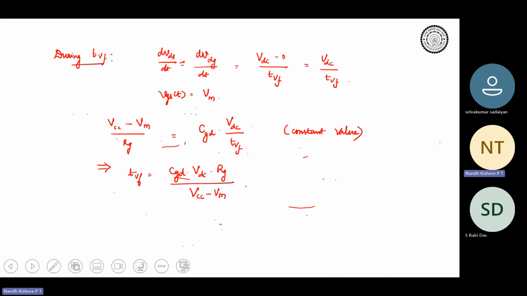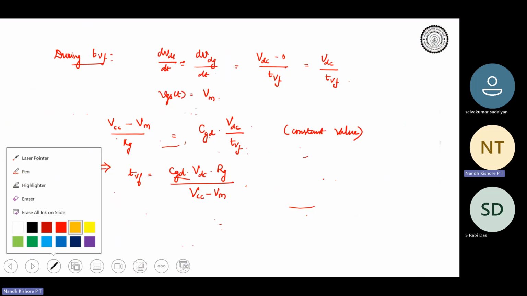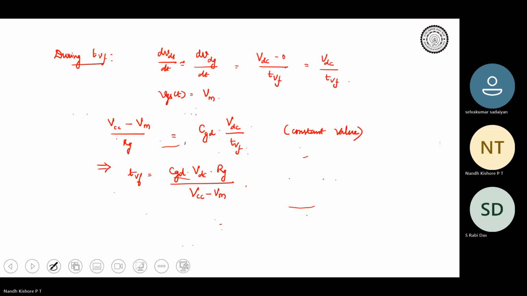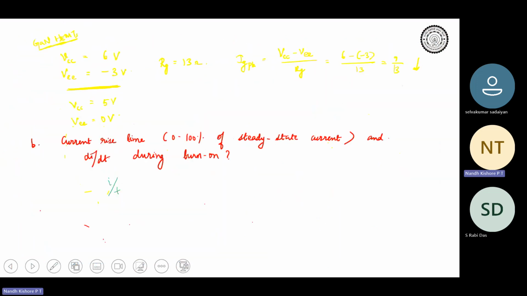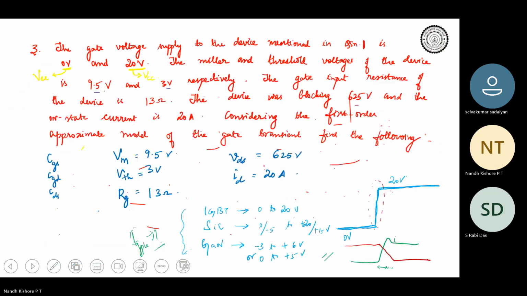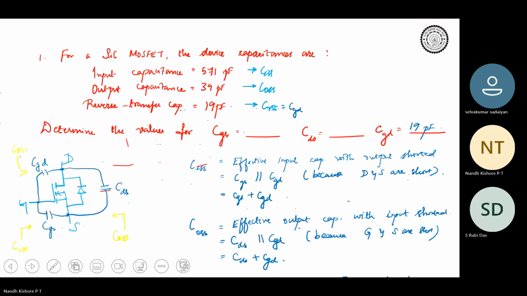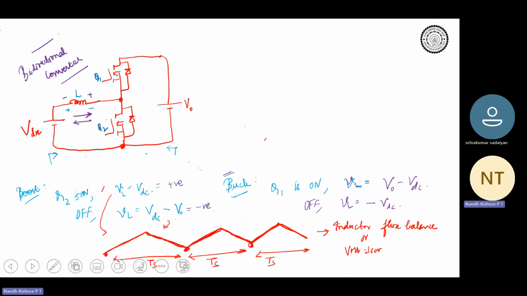Okay, so can you tell me what is the answer for this? If you have a calculator, you can just calculate. I think CGD was 19 picofarad, right?